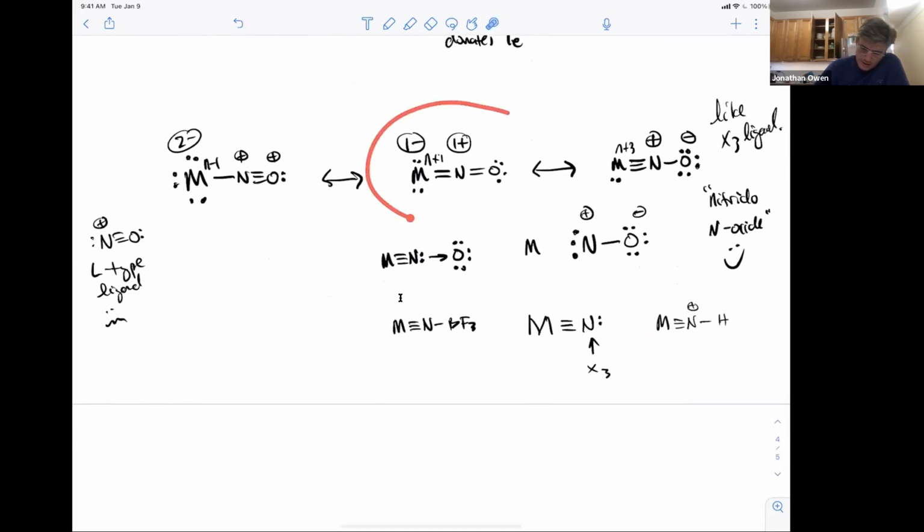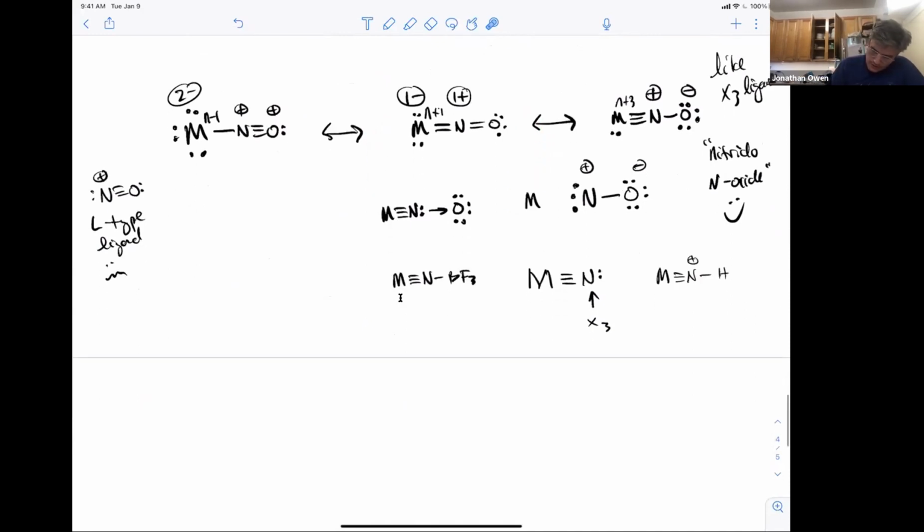Let's take a look at this doubly bonded one. That one is harder. So we're going to pull this off as a closed shell fragment.